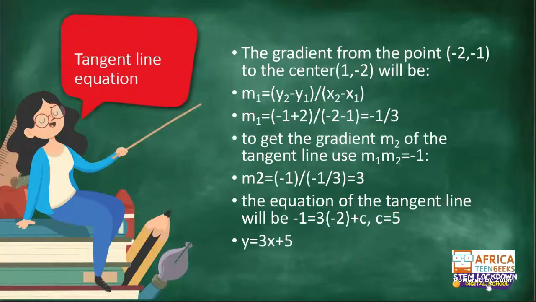Okay, once you have a point and you already know the standardized form of your equation, you can just substitute. Remember, in order to write the equation of the tangent line, you need to know the equation of the circle. You need to have the center points and also the radius. So basically, that's what you need.